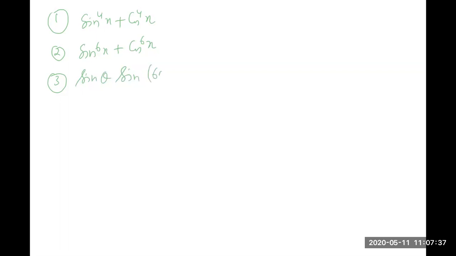Now find the value of range. Some questions I'm writing, keep on writing. First, y is equal to sin 4x plus cos 4x. Second, y is equal to sin 6x plus cos 6x. Third, y is equal to sin theta sin (60 minus theta) sin (60 plus theta).